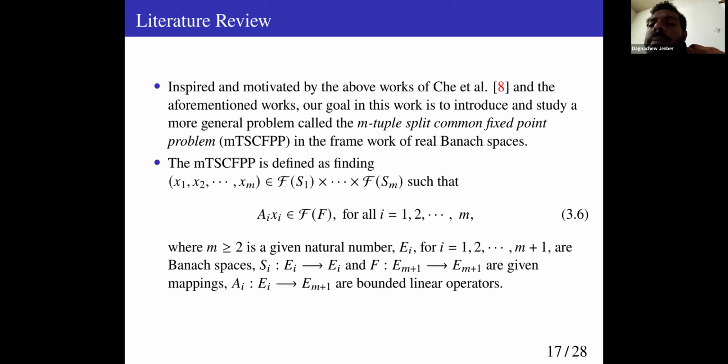And they are given mappings. Ai is a bounded linear operator. It maps from Ei to E(M+1).